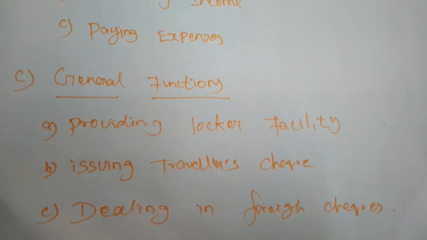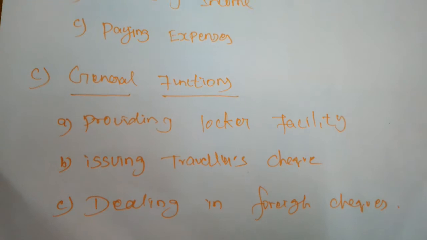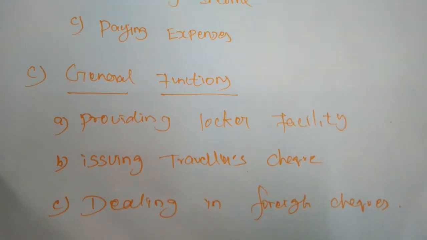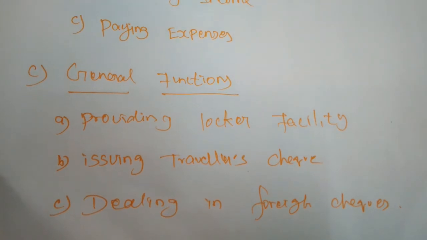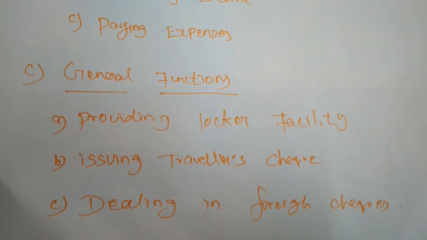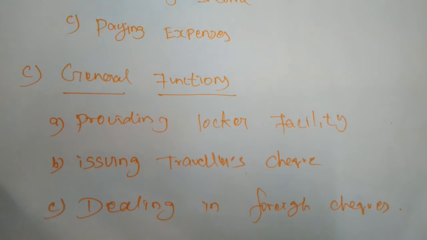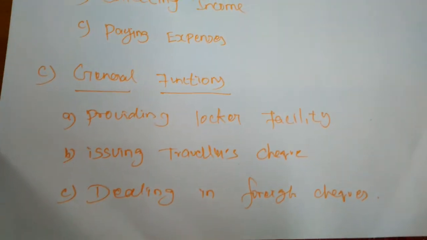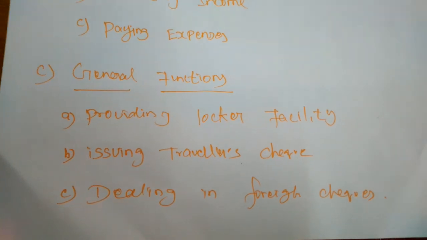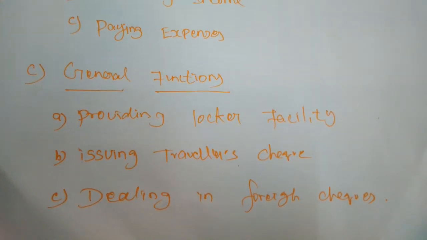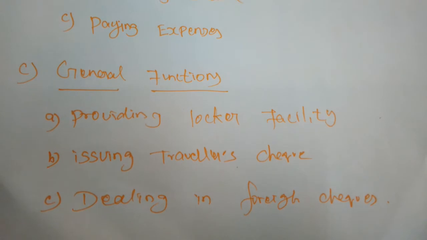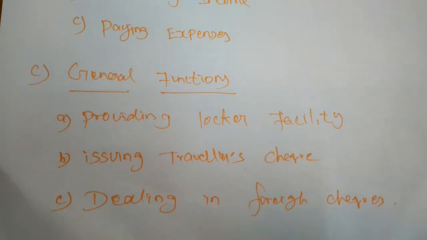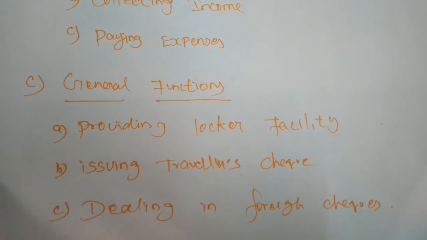So the commercial banks provide locker facilities in which all persons can keep everything themselves. For example, if a person has many jewelries, shares, debentures, and even cash, they can easily keep them in the lockers provided by the commercial banks.